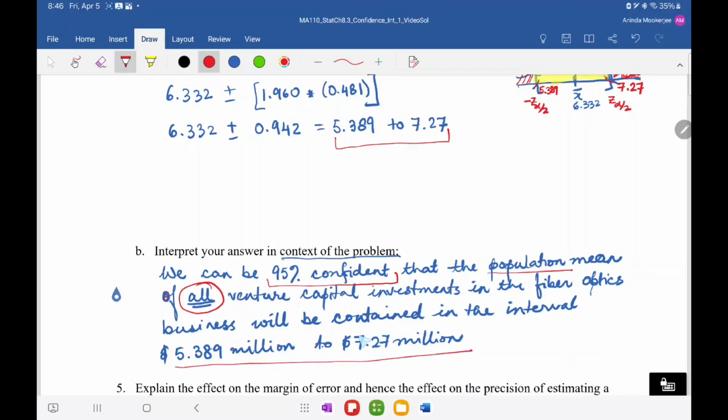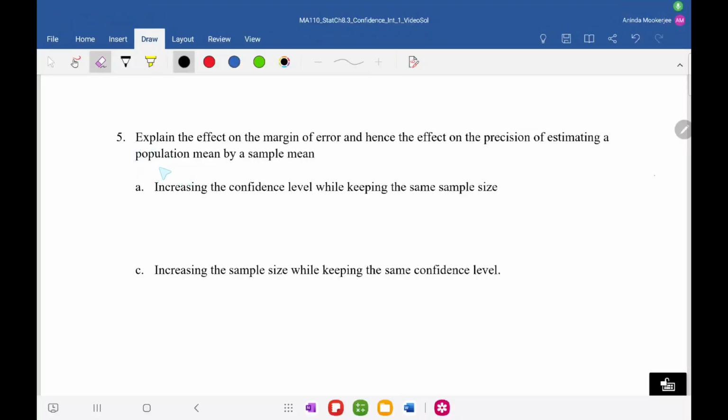Okay, so that is how we go about answering the application-based word problems. Now, question number 5 is a question to check your understanding of the relationship between the confidence level, the margin of error, and precision.